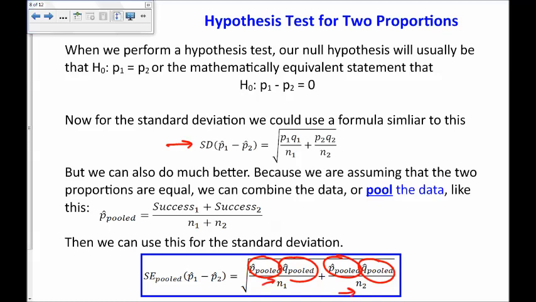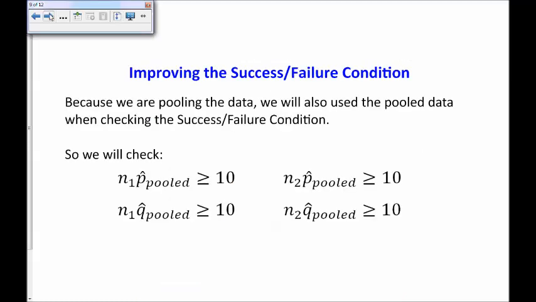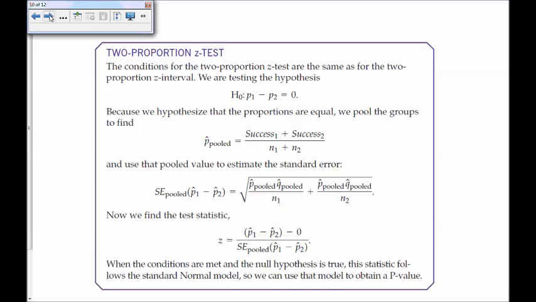We use the pooled p hat and q hat value in all of our calculations, and that also includes the success failure condition, which we check using the pooled value.